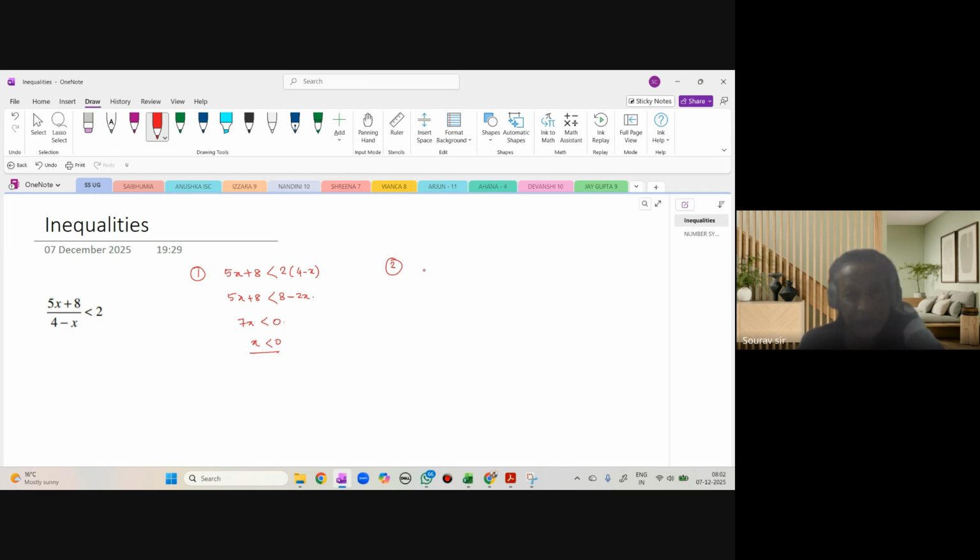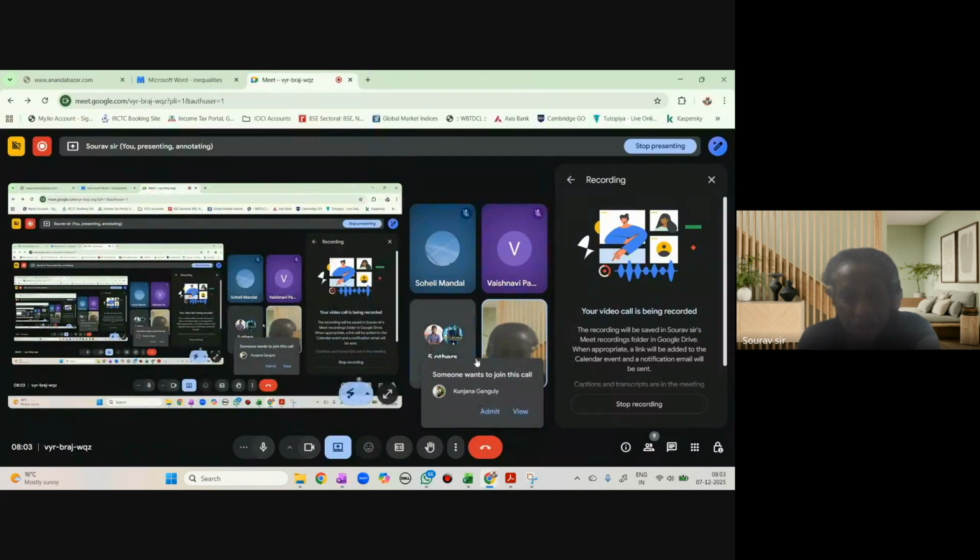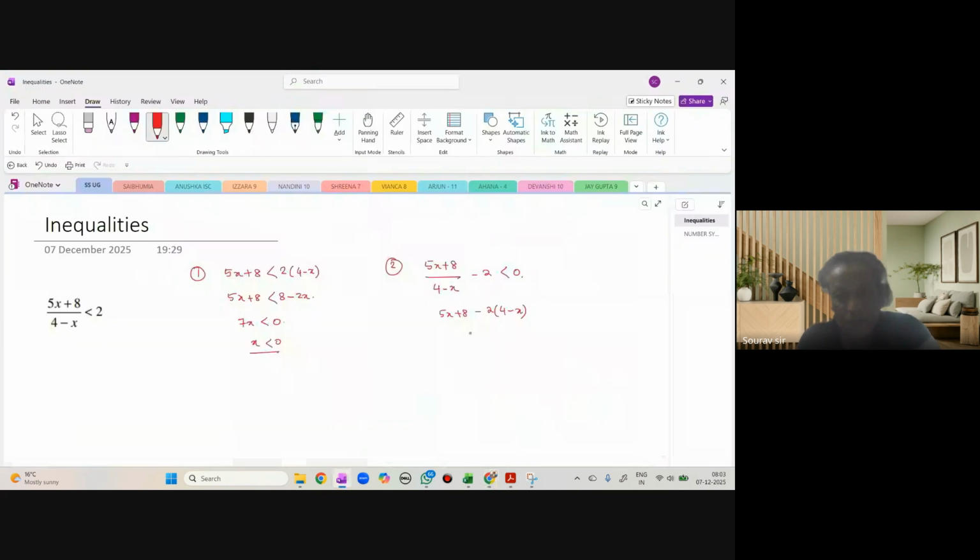The second method. (5x + 8)/(4 - x) minus 2 is less than 0. So (5x + 8 - 2(4 - x))/(4 - x) is less than 0. Or (5x + 8 - 8 + 2x)/(4 - x) is less than 0.